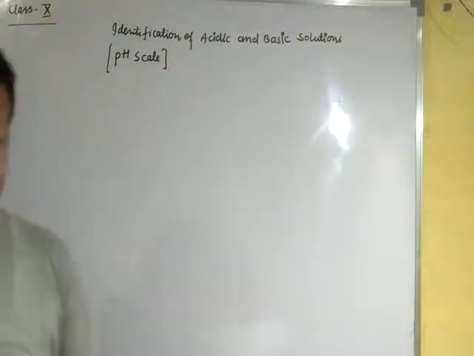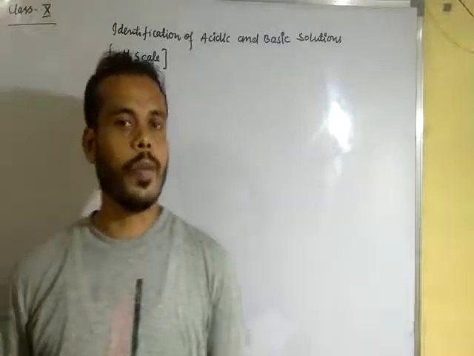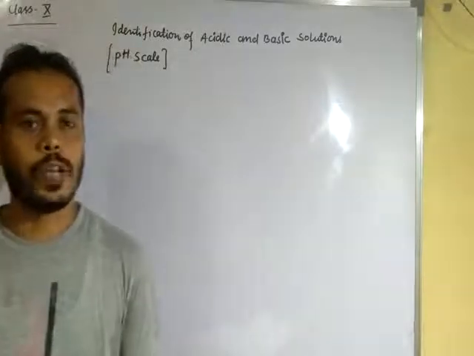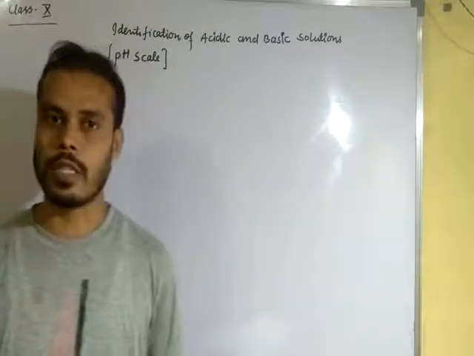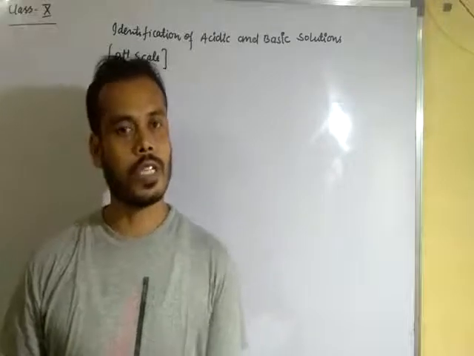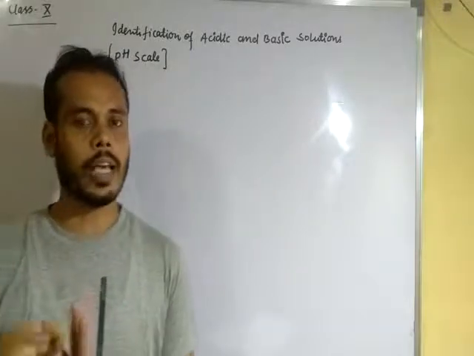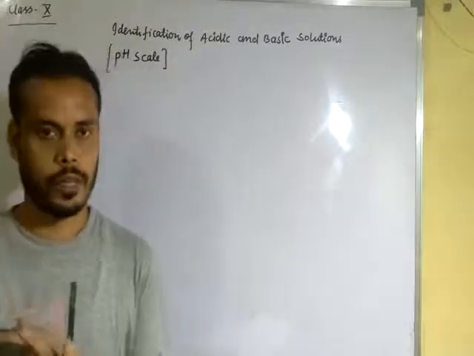The acidity of a solution depends upon the H plus ion present in 1 mole per liter of the solution, while the basic nature of a solution depends upon the hydroxide ion in 1 mole of solution.